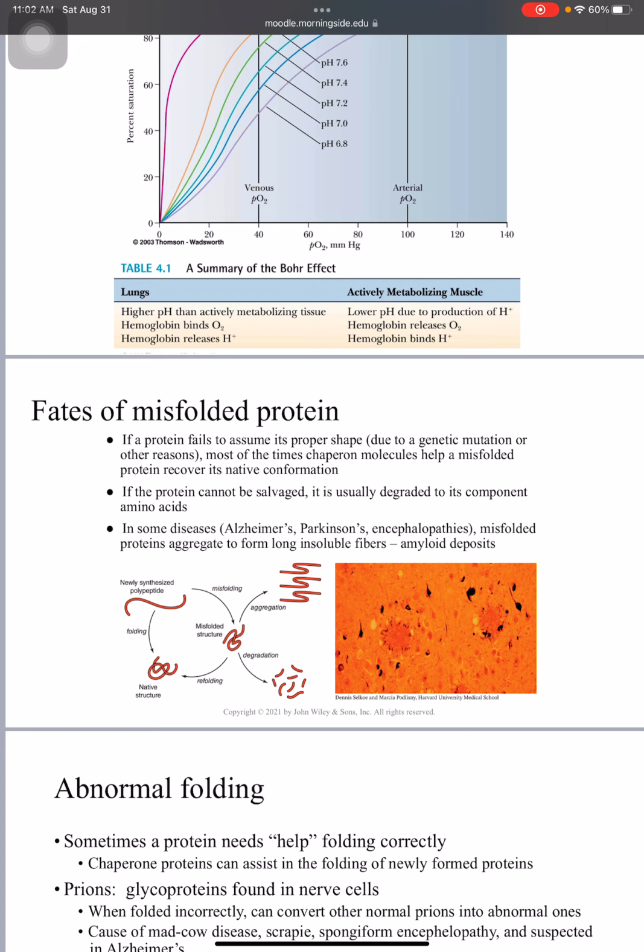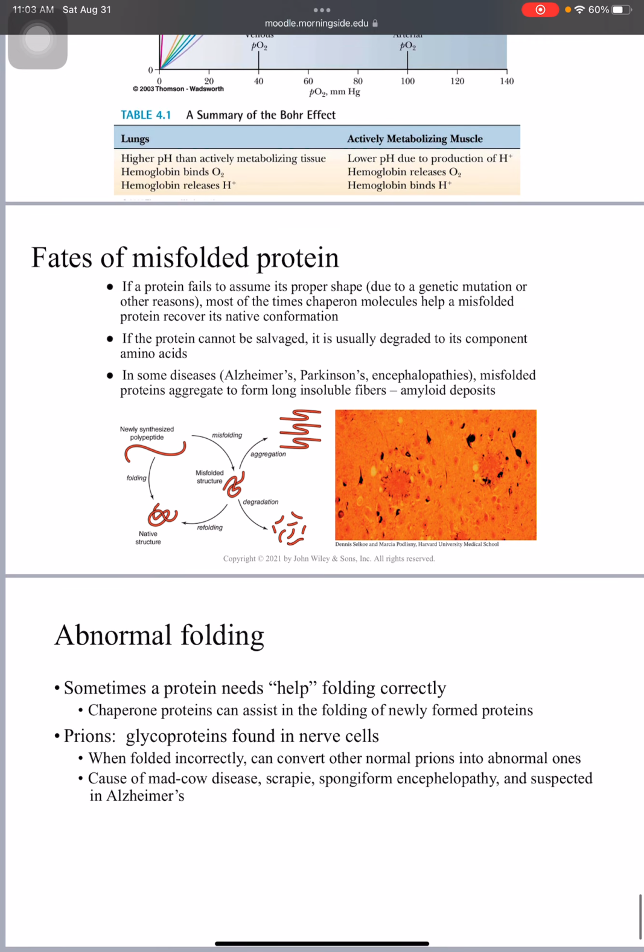They're called amyloid deposits as well, and you can see them on photos of neurological structures. These little black portions, these little plaques that have formed, are aggregations of misfolded proteins. One really interesting example of this is something called a prion.